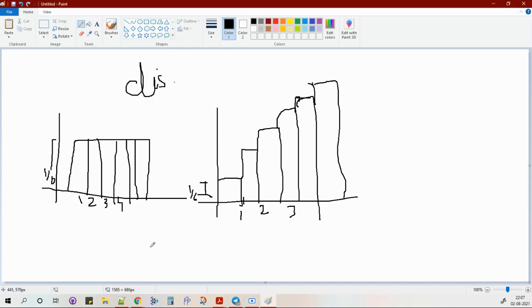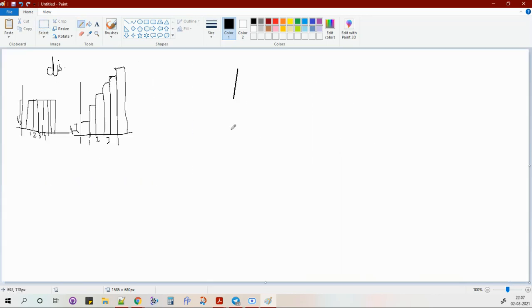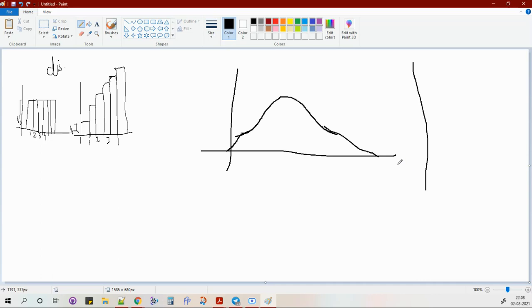What about continuous? If I have continuous distribution, and some PDF looking something like this, how can I get the CDF?